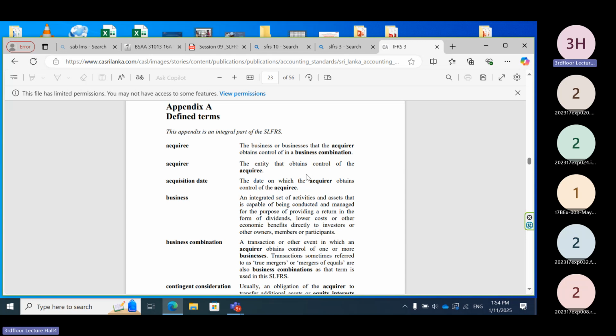It may be full goodwill or proportionate goodwill, right? Goodwill may be full goodwill or proportionate goodwill.